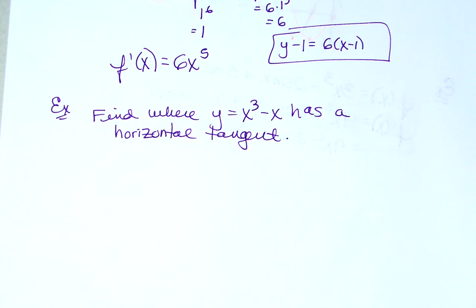So that would be for the derivative. So let's think for a moment. Horizontal tangent, think for a moment about what the slope would be if a tangent line is horizontal. Don't say anything yet. What's the deal with the slope if the tangent is horizontal? 0. Slope is 0.